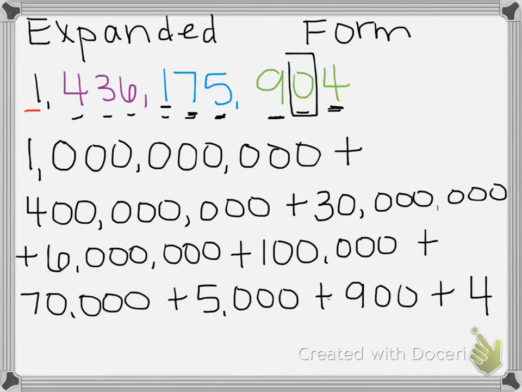We have 1 billion plus 400 million plus 30 million plus 6 million plus 100,000 plus 70,000 plus 5,000 plus 900 plus 4. If we add all of these up, we should get 1,436,175,904. That's how we would write that number in expanded form.